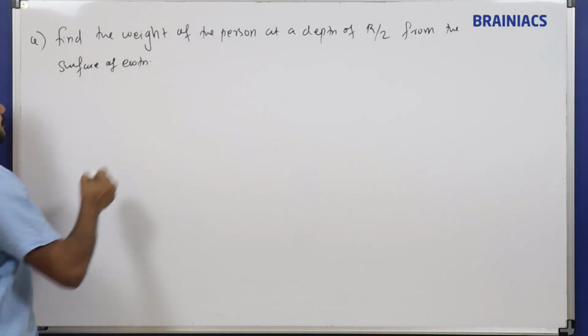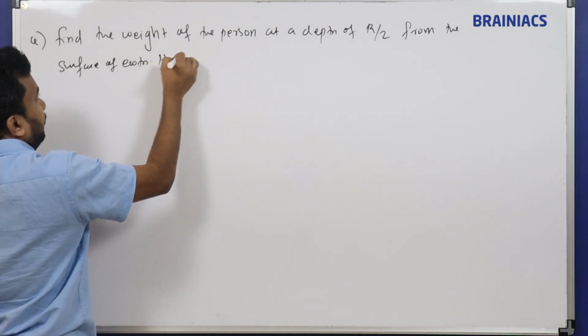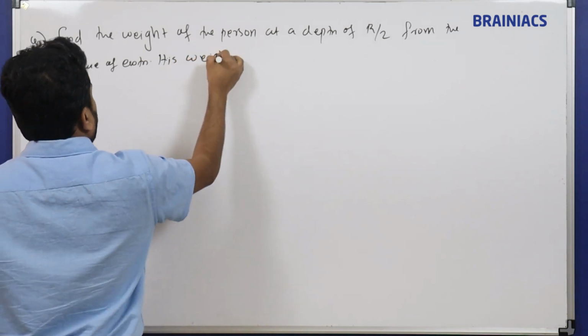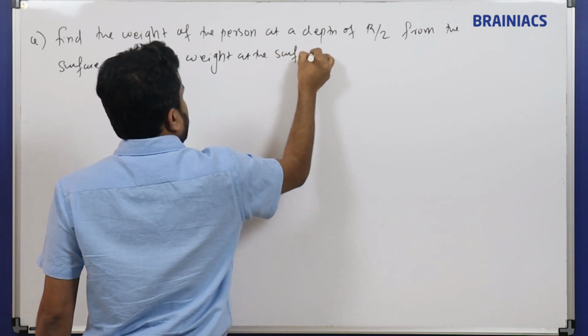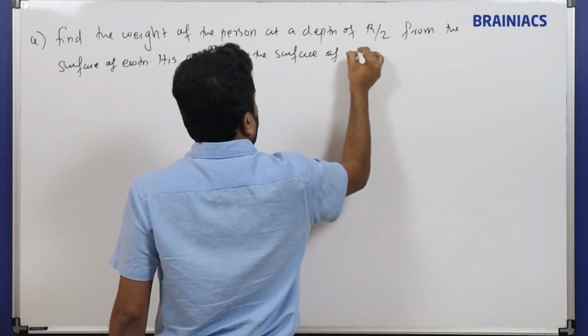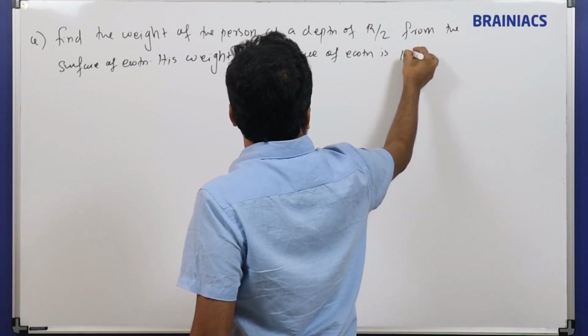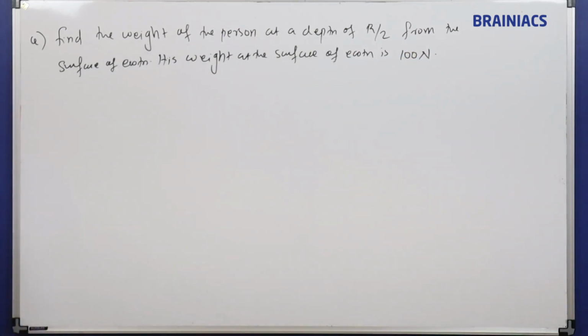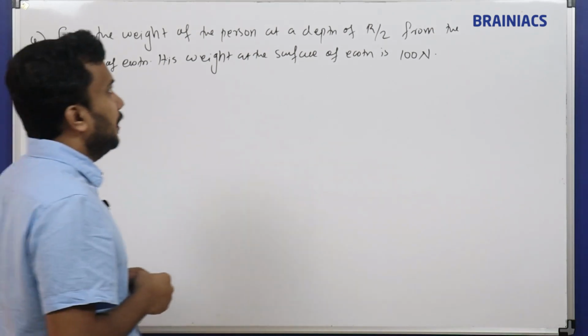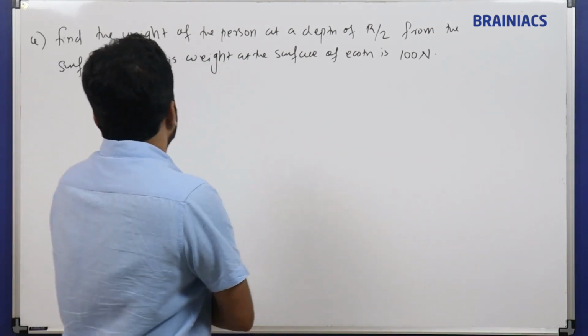His weight at the surface of earth is 100 Newton. We need to find out, what's the question? Find the weight of the person at a depth of R by 2 from the surface of earth.